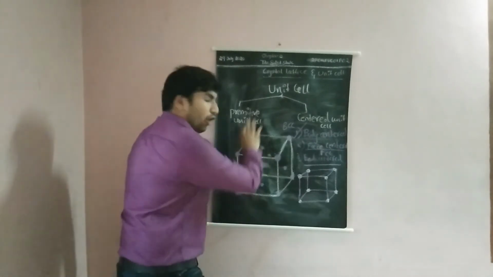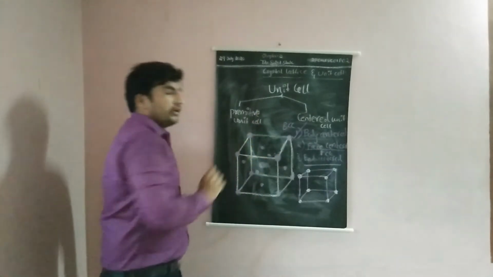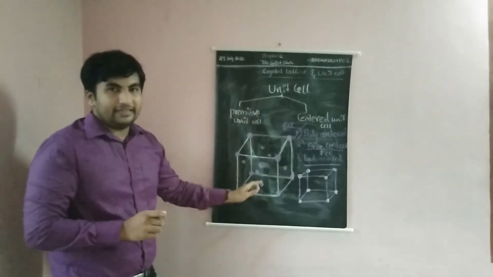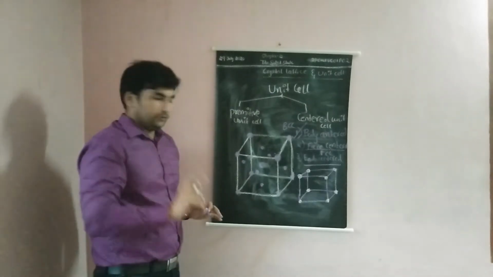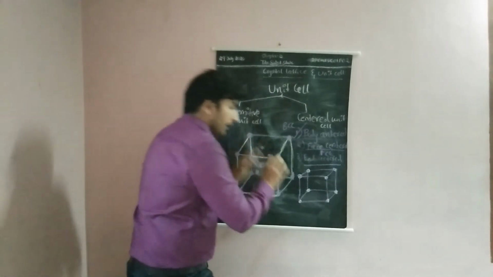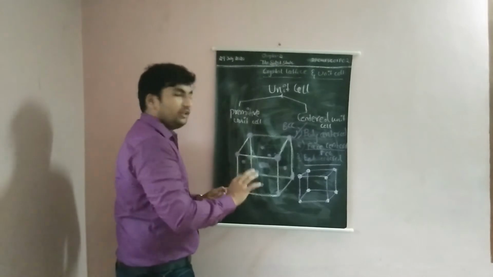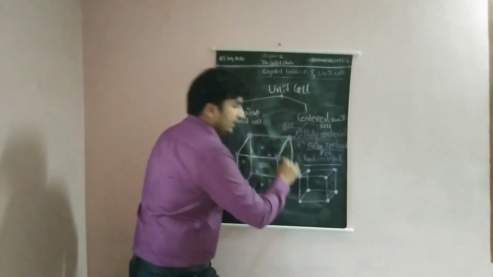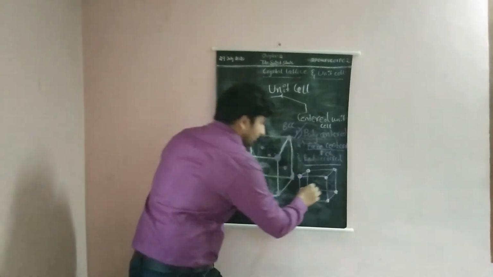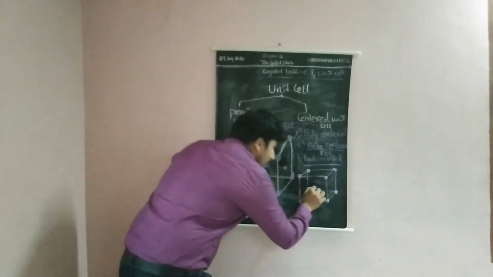In face centered, all the faces contain one constituent particle, but in end centered it is not like that. Not all the faces, only any 2 opposite faces.